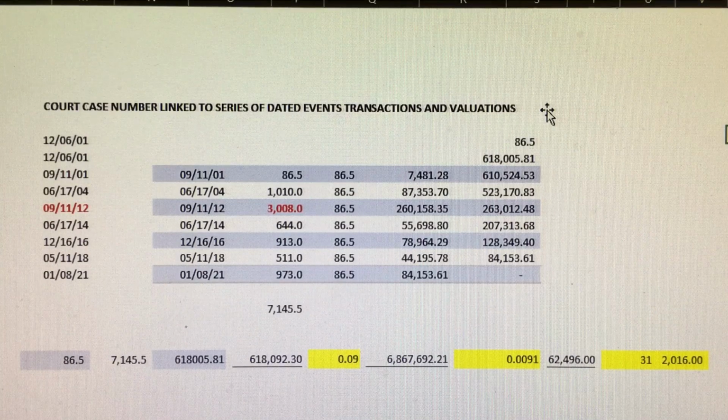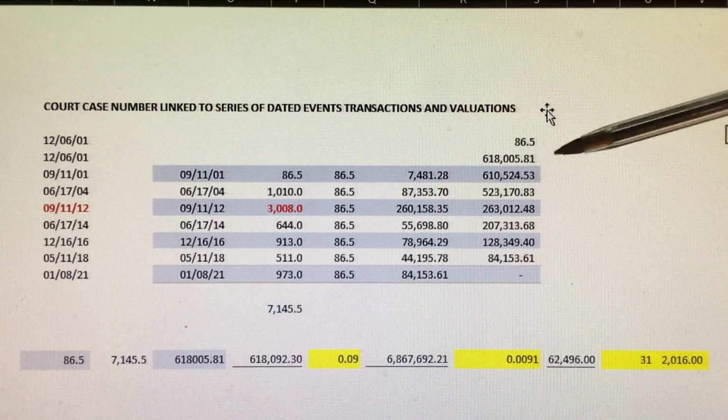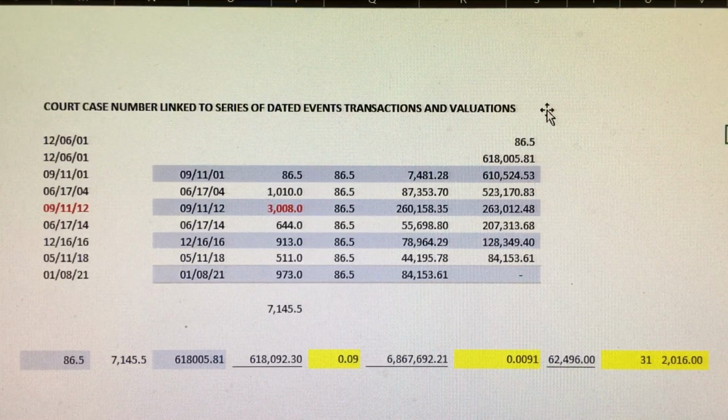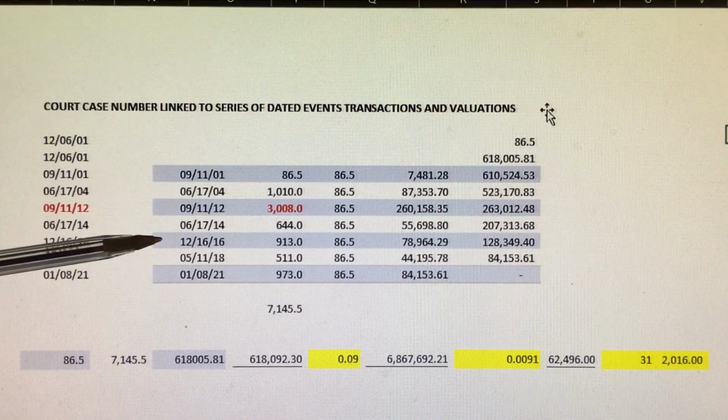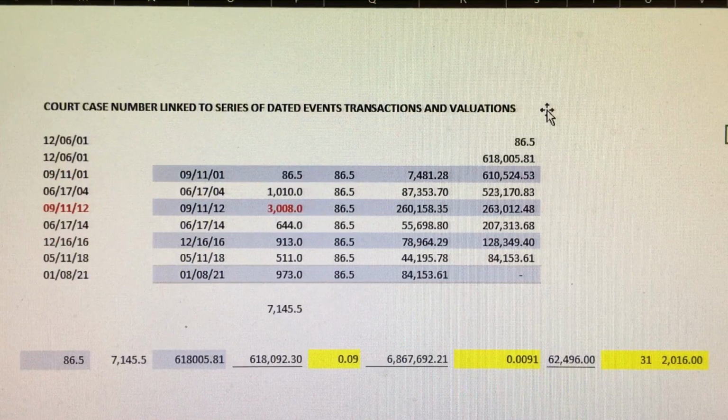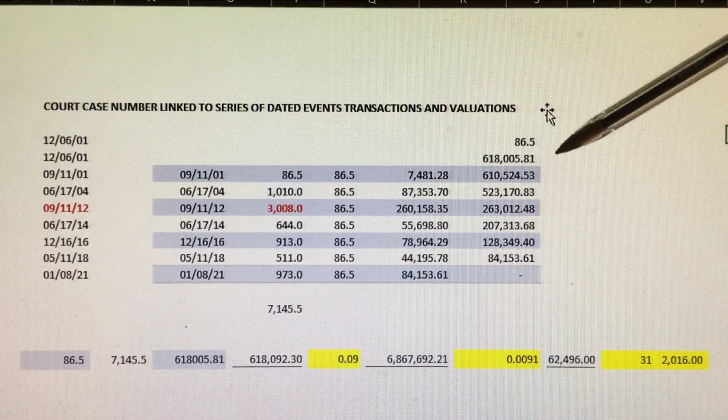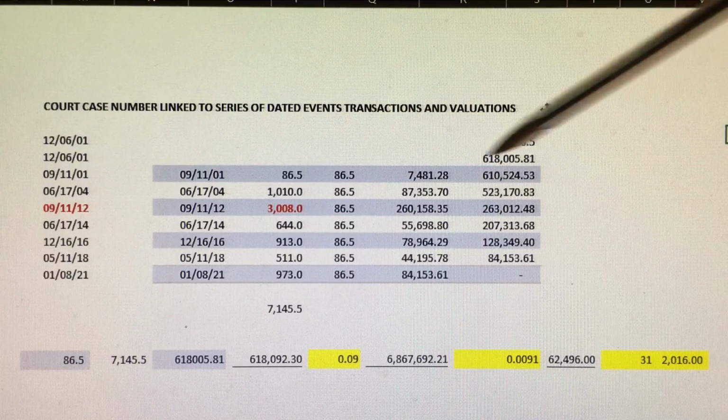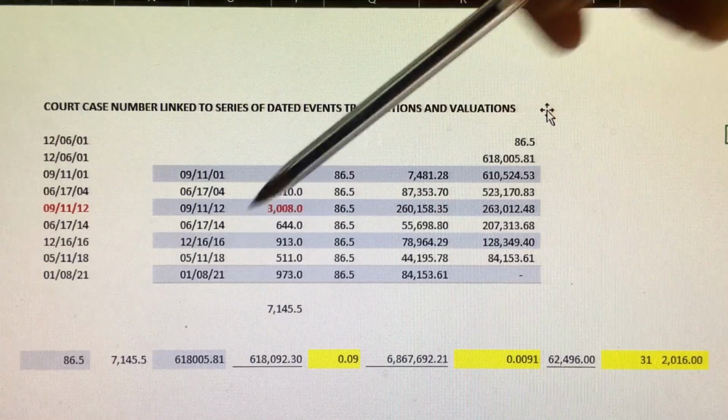Now we run a trial balance. Let's see what happens. 618,005.81. That would be your foreclosure balance on that date, the file for which foreclosure was filed, 12/16.